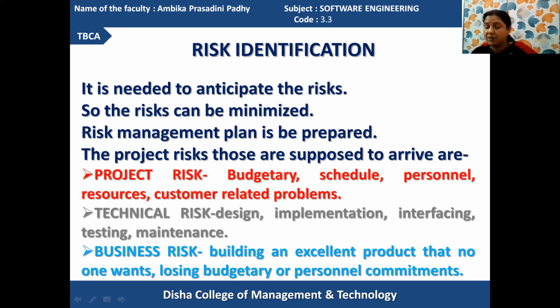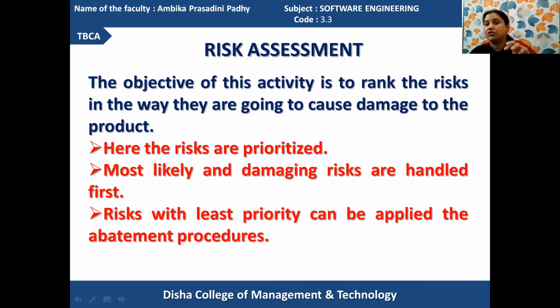After the risks are identified, the risks are assessed. What type of cause and what type of damage each is going to provide is assessed. According to that, the risks are prioritized and the risk information is maintained. According to how harmful they are, they are noted down. If it is going to harm a lot, then that is the higher priority.